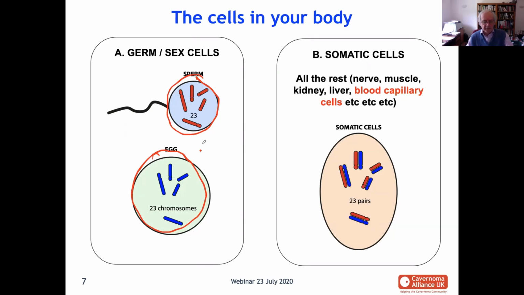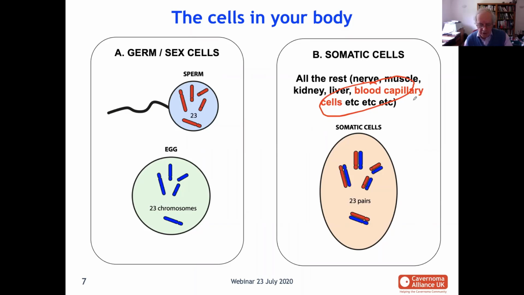This over on the left-hand side are inherited. These over on the right-hand side are not inherited. And all the cells in your body that are not the sperm or the egg are called your somatic cells. That is the nerve, the muscle, kidney, liver, the blood capillary cells, which matters for this talk, are all called generically somatic cells.